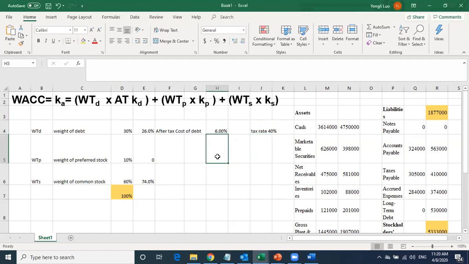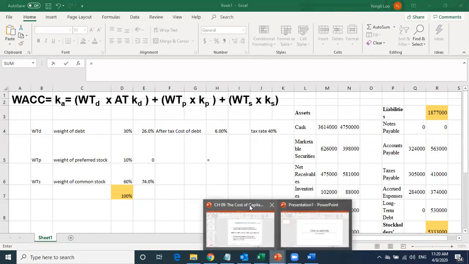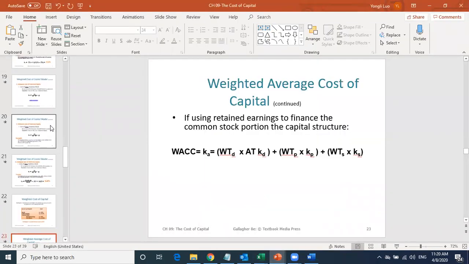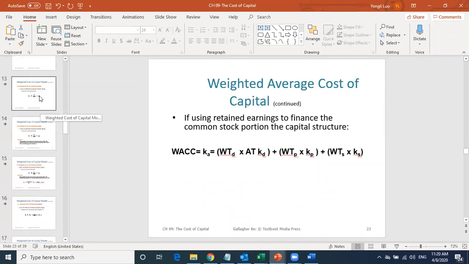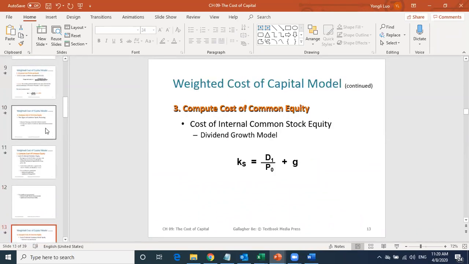For the preferred stock, the cost is the preferred dividend divided by the preferred stock price. We go back to see the preferred stock dividend.